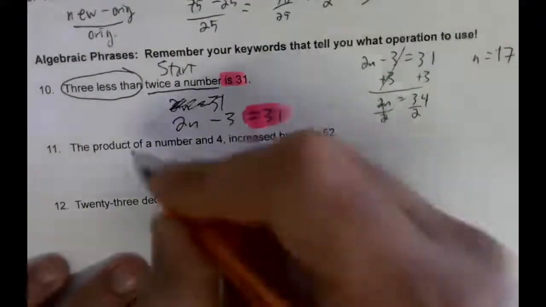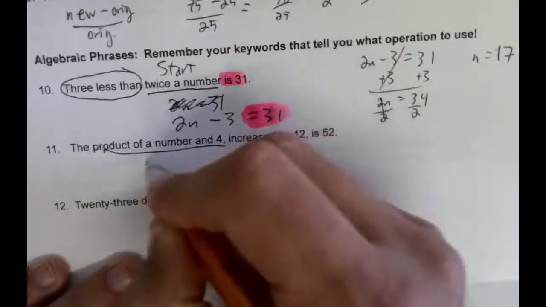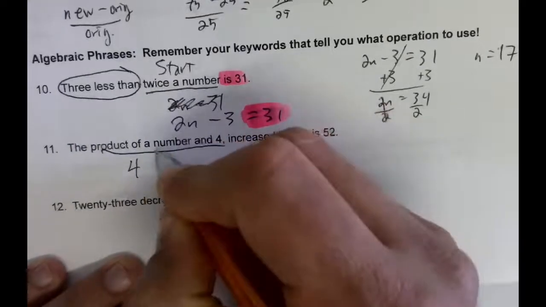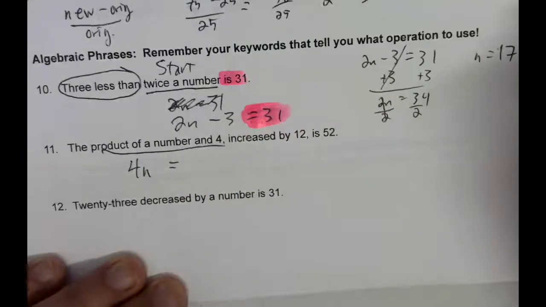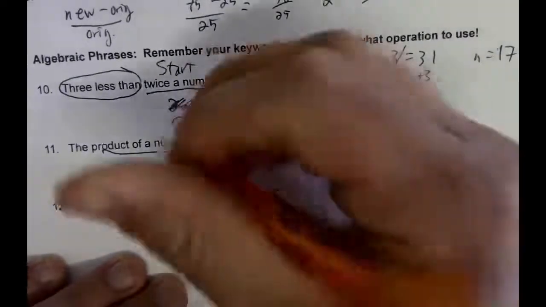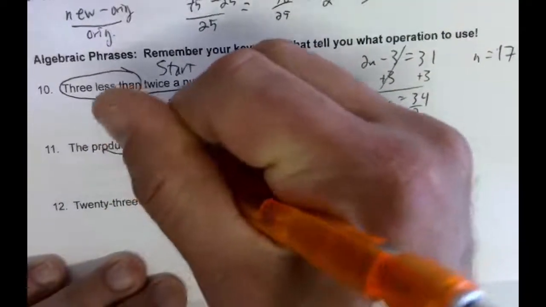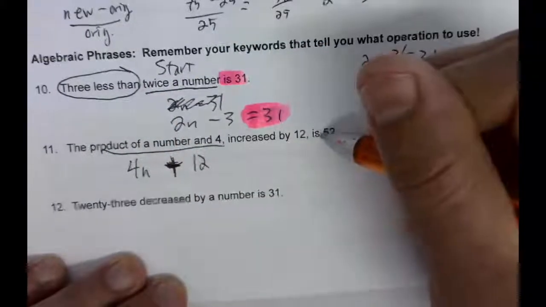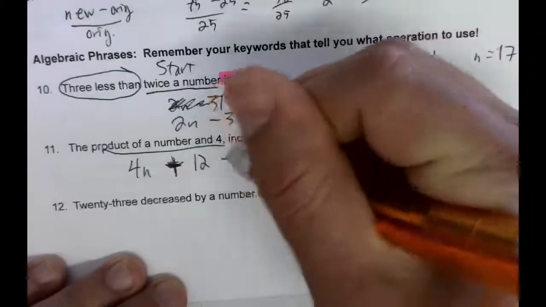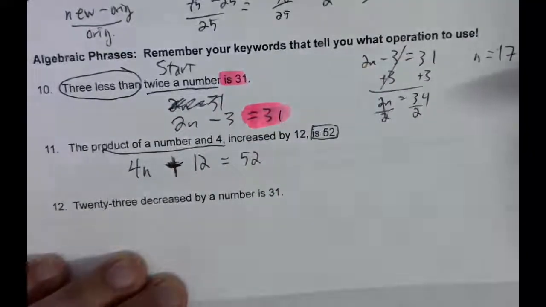Number 11, the product of a number and 4. Product means multiply, a number and 4. So you can say n times 4. It's going to be much quicker and simpler to say 4n. Increased by 12. Uh-oh, I skipped too soon. Increased by 12. Increase, we're going to add. And then is 52. There's that is 52. Is our equal sign.